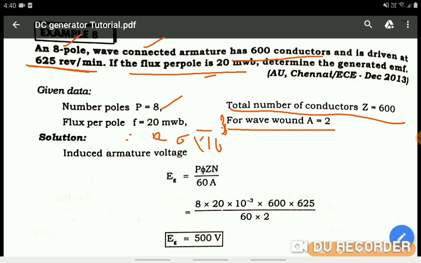So N given, Z given, phi given, number of poles given, then A equal to 2 for wave wound, mere substitution and make the calculation, EG equal to 500 volt.